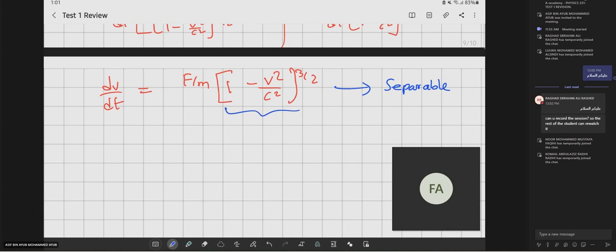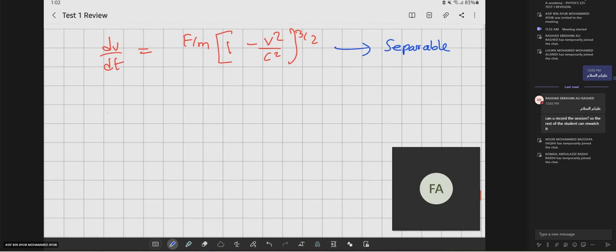Since you have a function of v in here, and you have a function of t in here, which is 1. So this is separable. So let's solve this. So I have dv over 1 minus v squared over c squared raised to 3/2 equals F over m dt.